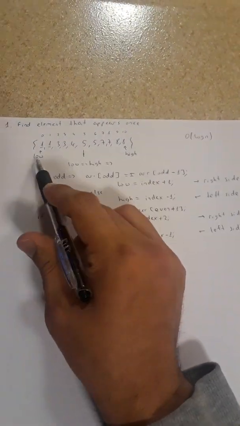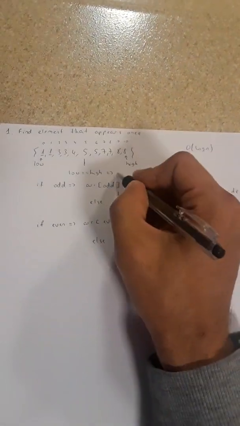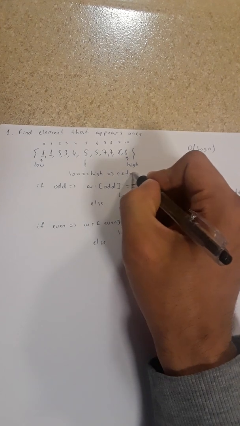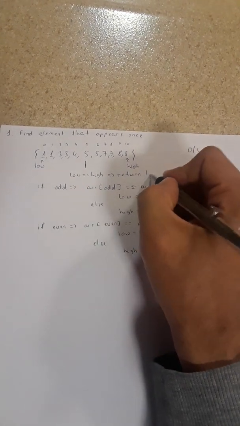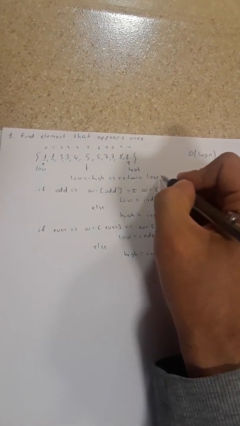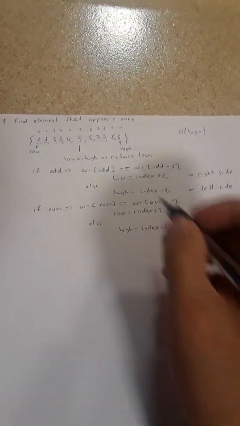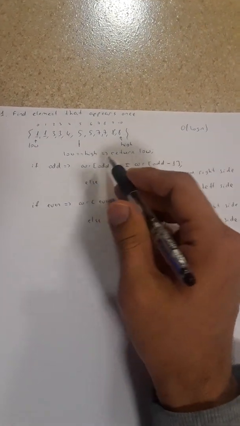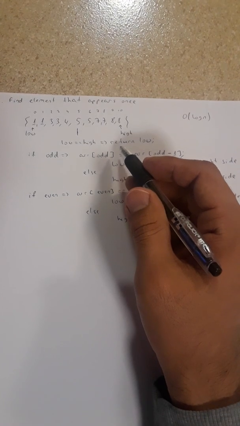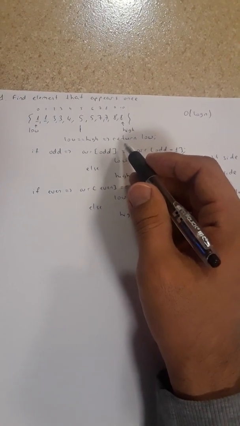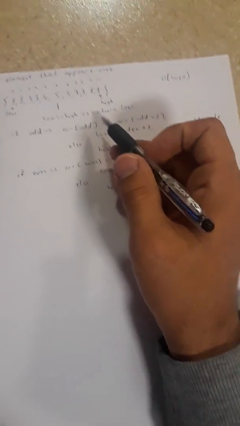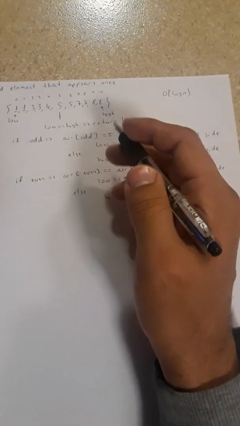And once the 2 pointers are equal to each other, we will just return the value of one of these pointers, for example low in my case, because it will mean that the element that we're looking for is finally found.